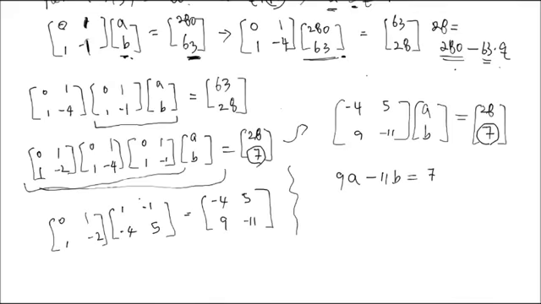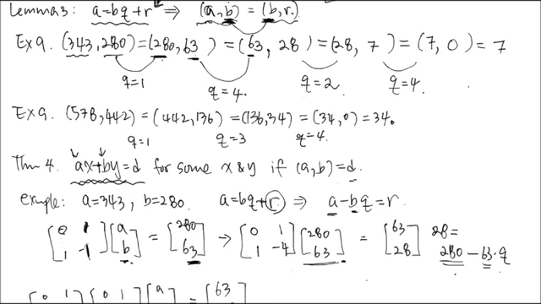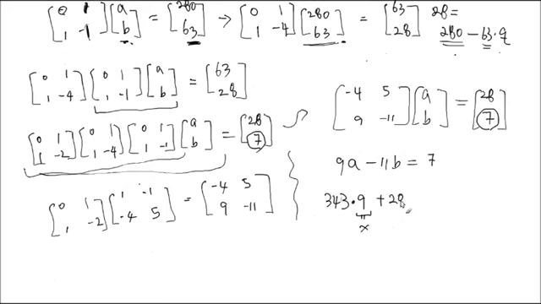So here, 343 times 9, that's your X right there. Plus, what was B? 280. So 280 times negative 11. That's your Y. And it becomes what number? GCD of 343 and 280.